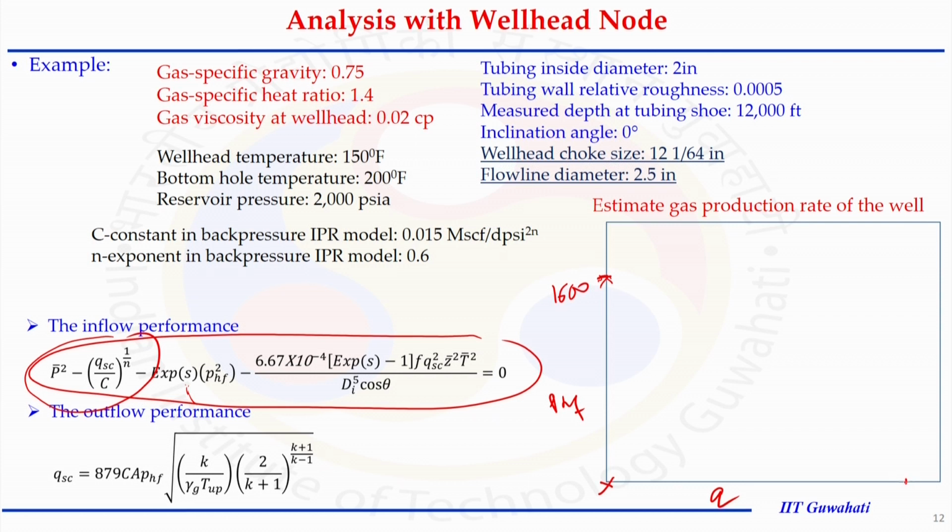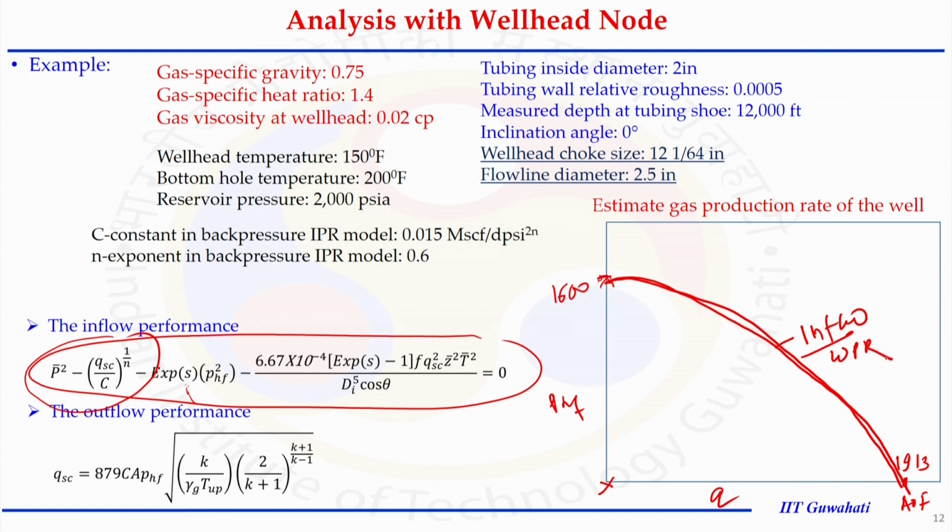Again we can get the AOF, and the flow rate at AOF is the same as what we got in the last example, 1912 or 1913 MSCF per day. Now, the IPR curve will take almost the same curvature; this is the inflow equation, and I can say this is the WPR in our case.